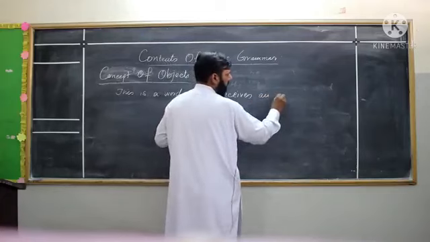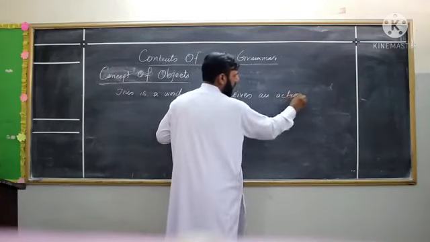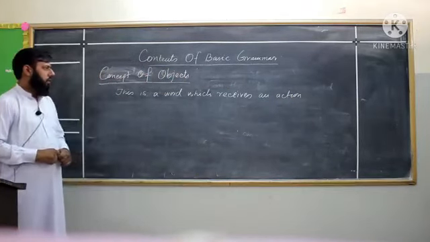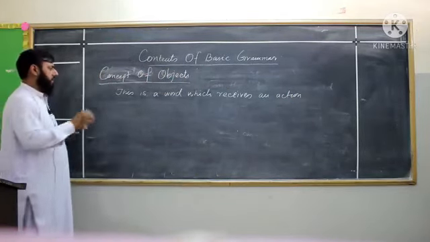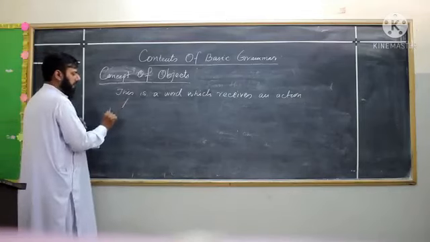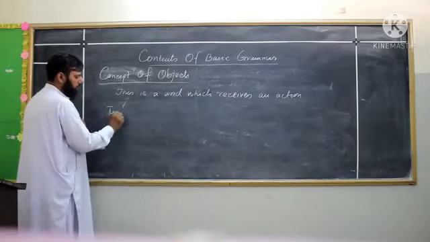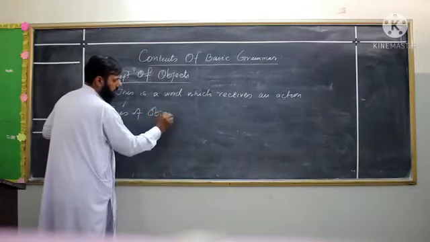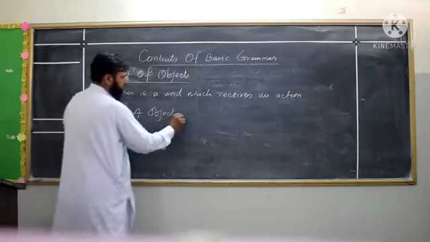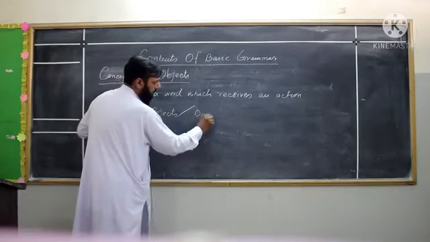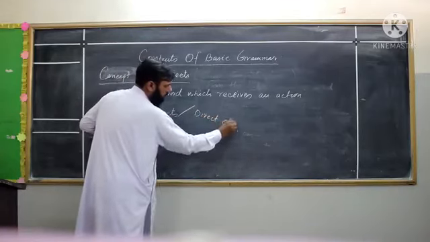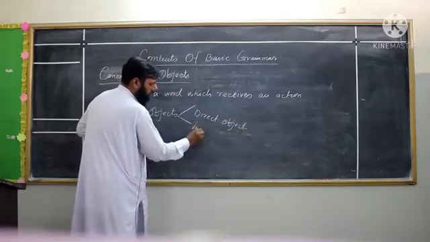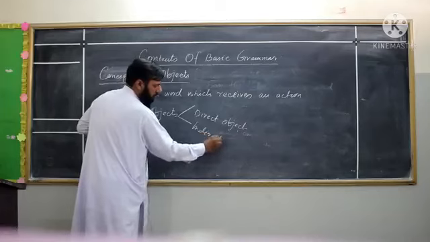That is called an object, because it is mentioned at the end of the sentence. As far as the types are concerned, there are two types of object. They are direct object and indirect object.